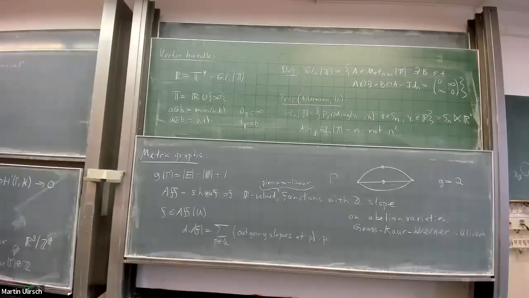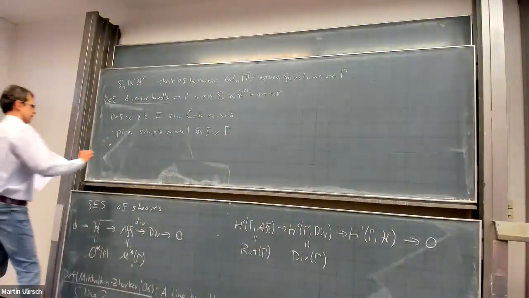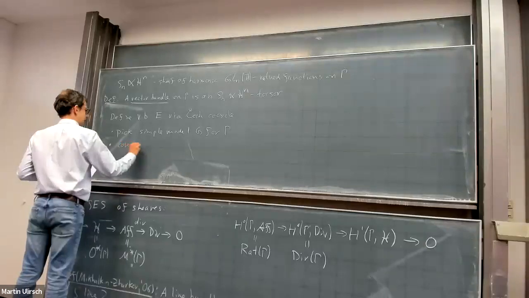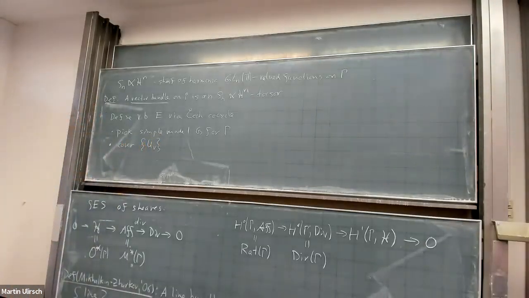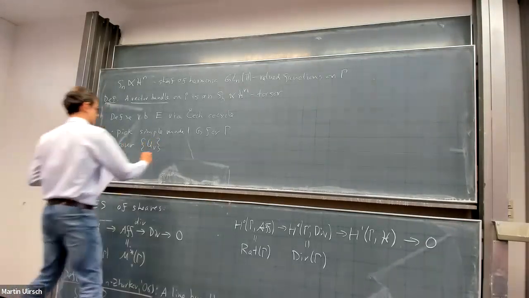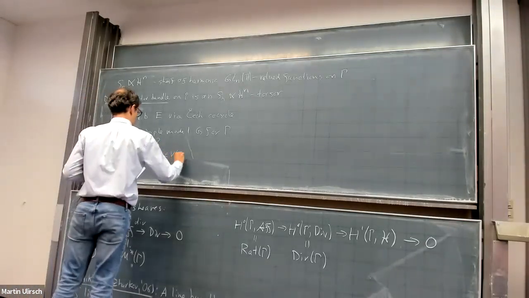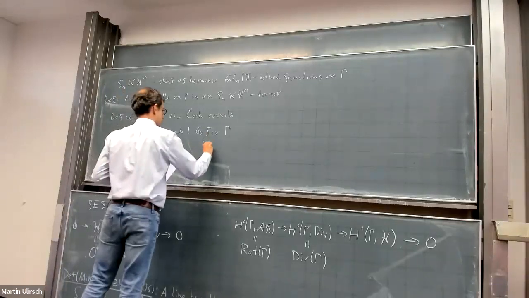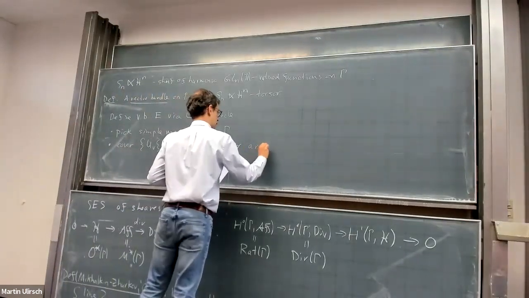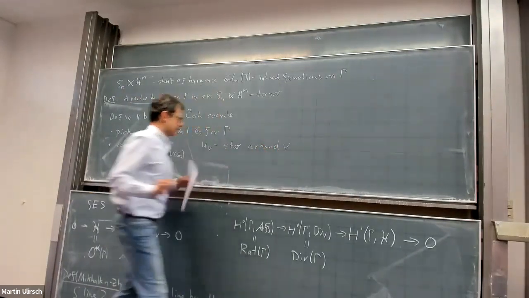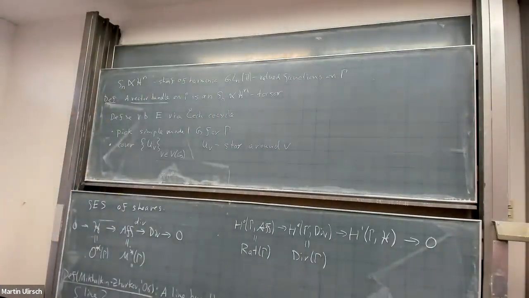Then I can pick a canonical open cover associated to this model. The cover is indexed by the vertices of my graph, where U_v is just a star around v. So it's the vertex together with all of the adjacent open edges.